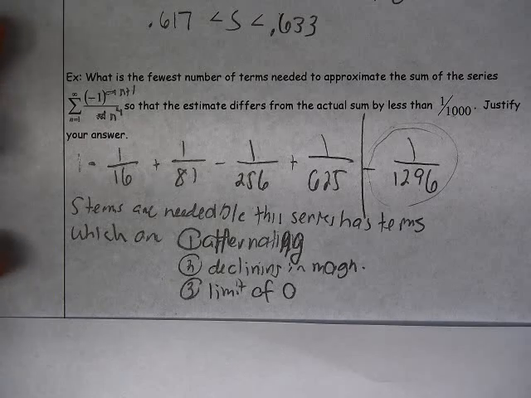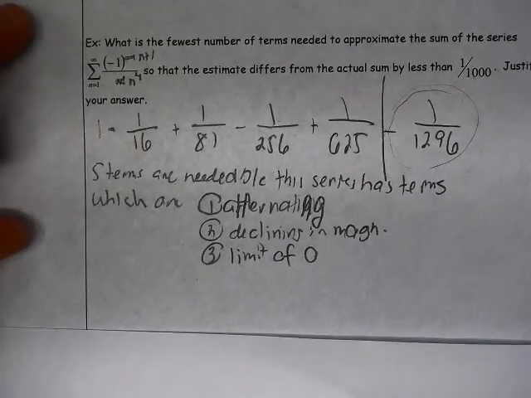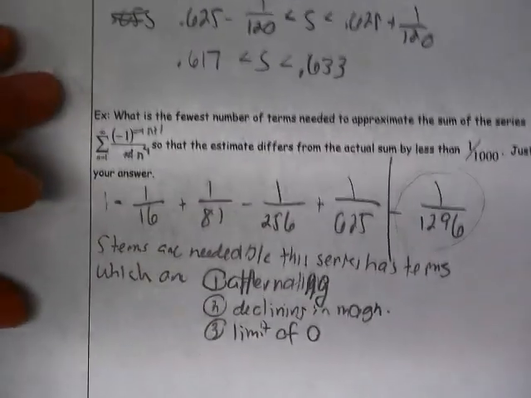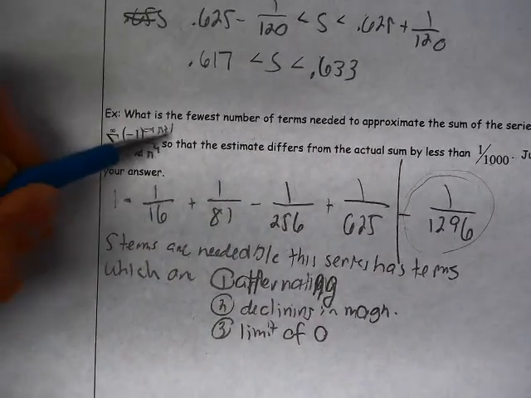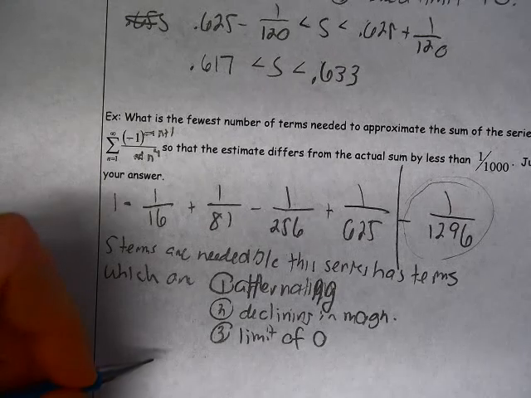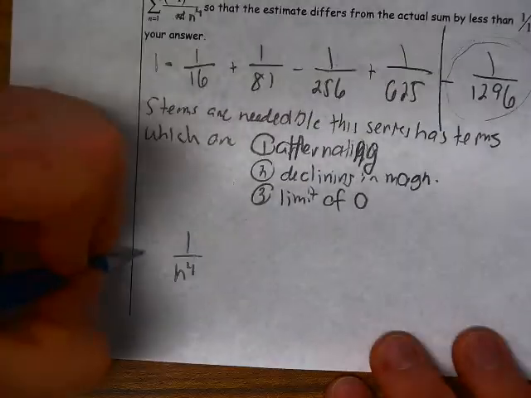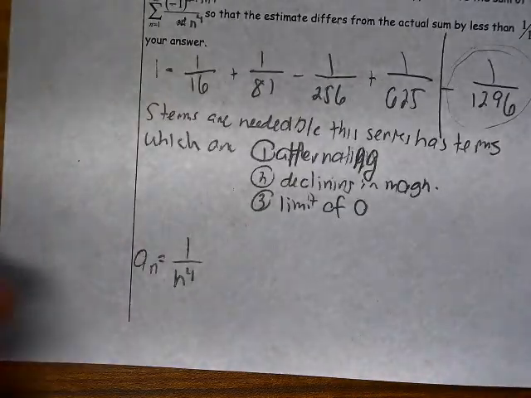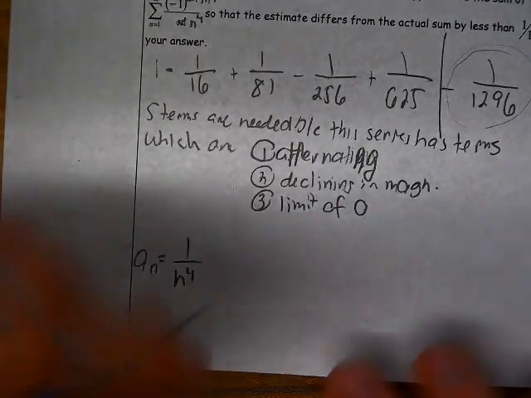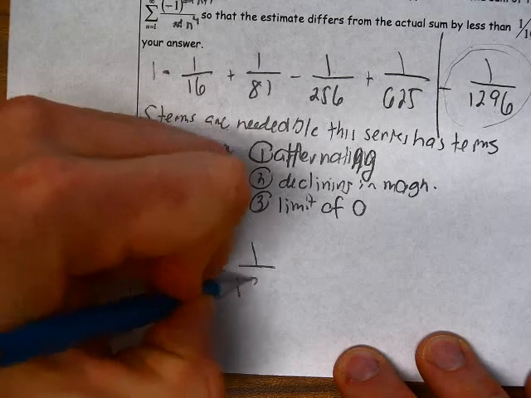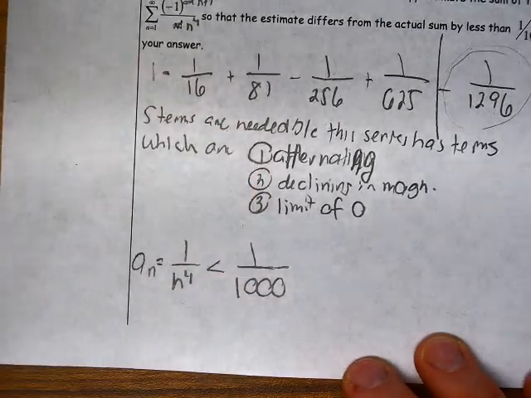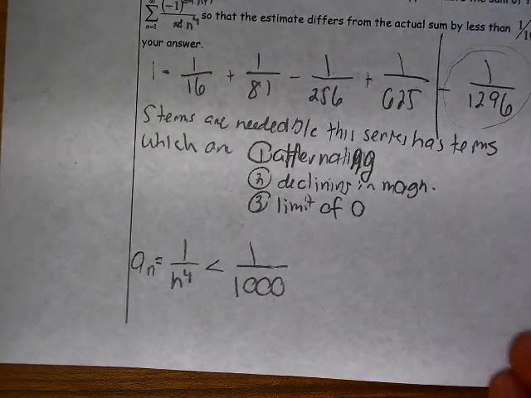Right. You could also do this algebraically. If we look at just a of n, so we omit the alternating part, and we just have 1 over n to the 4th. That's a of n. All right. We want that to be less than 1 over 1,000.